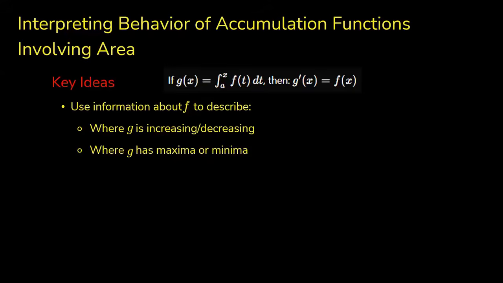For example, g is going to be increasing where f is positive, g is going to be decreasing where f is negative, and g is going to have maxes and mins where f is equal to 0 and changes sign. Now, you'll often use graphs or tables of f to describe the behavior of g, so make sure you're familiar with that. This is a major AP exam skill.